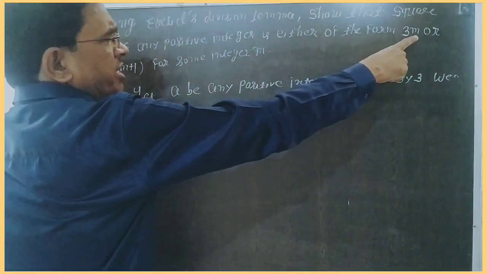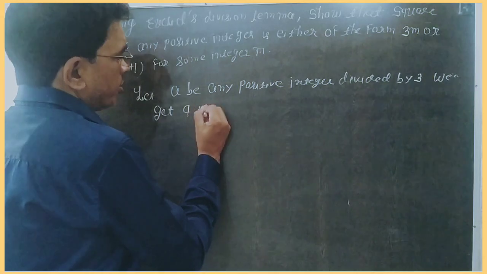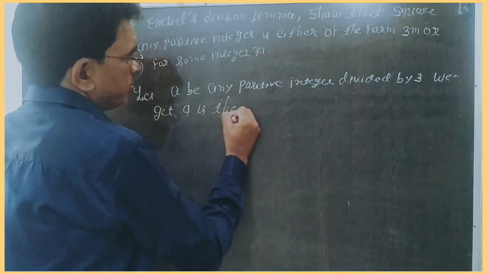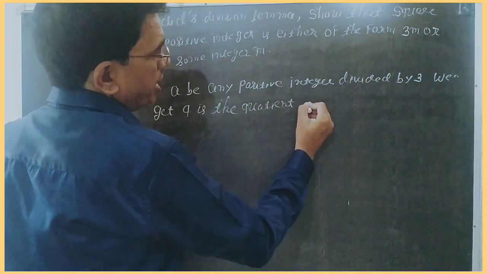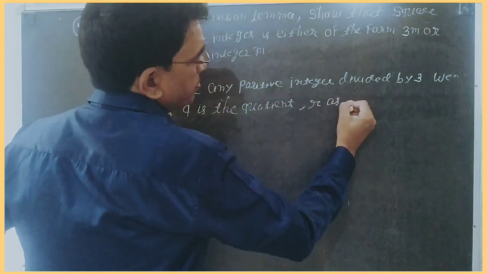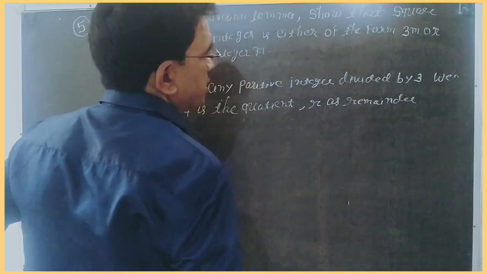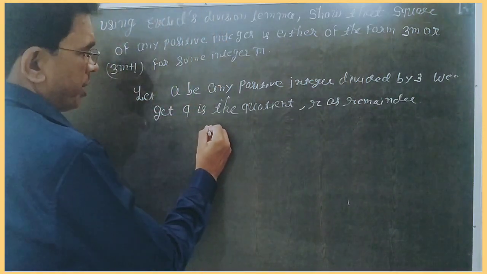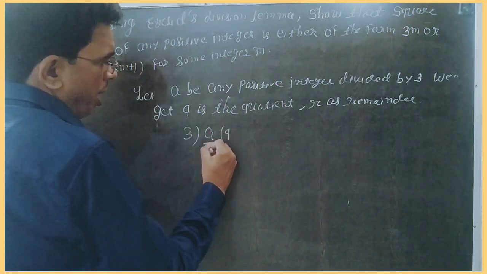So now suppose m is not used, q is the quotient, r is remainder. So what do you get? You get a divided by 3, q and r.